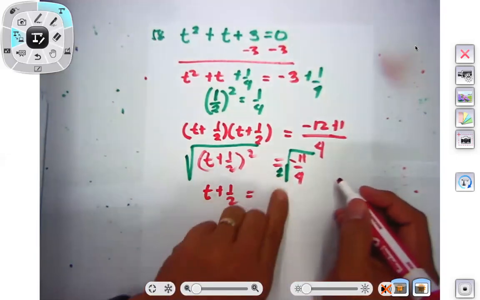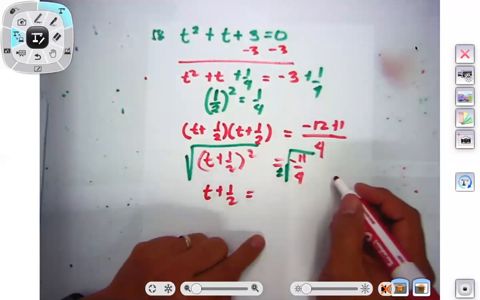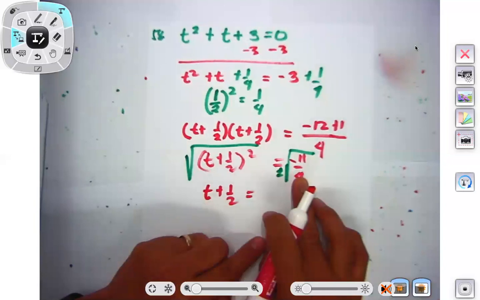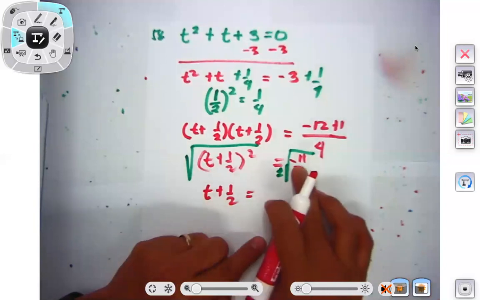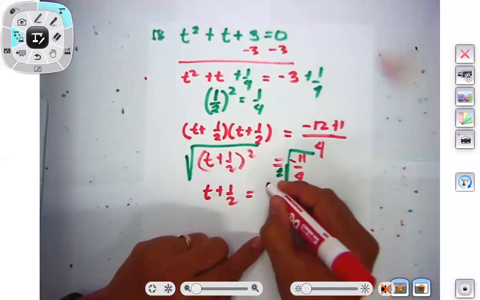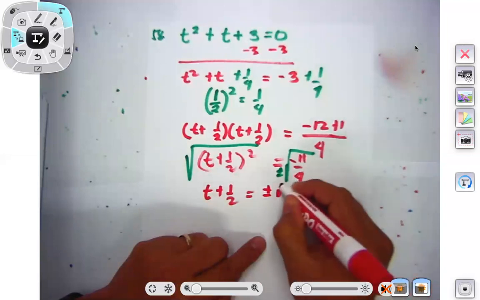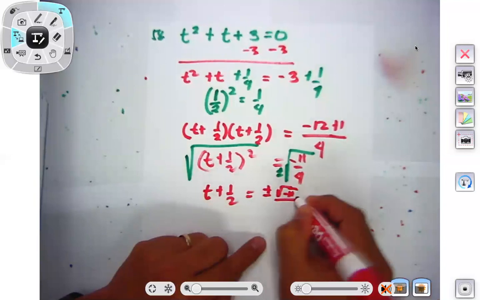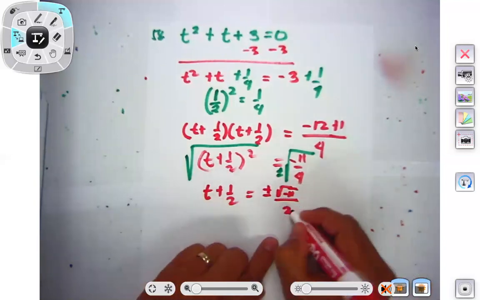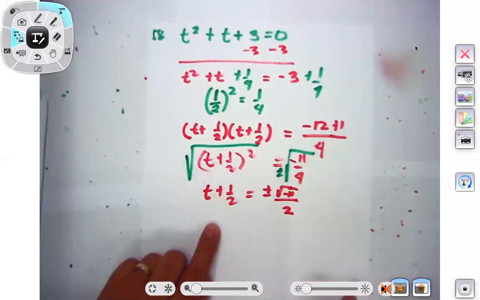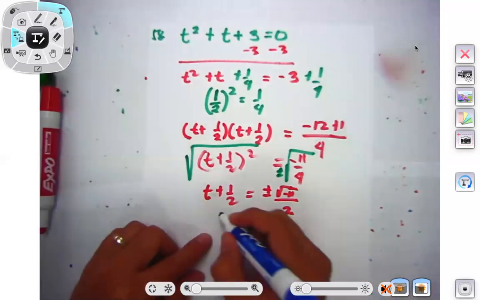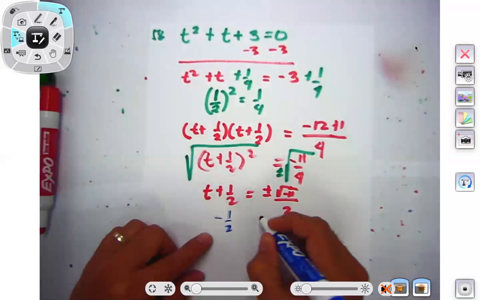Positive, negative, square root of -11/4. 4 is a perfect square, but -11 is not. So we can simply write positive, negative, square root of -11 over 2. And then we now subtract both sides by 1/2.